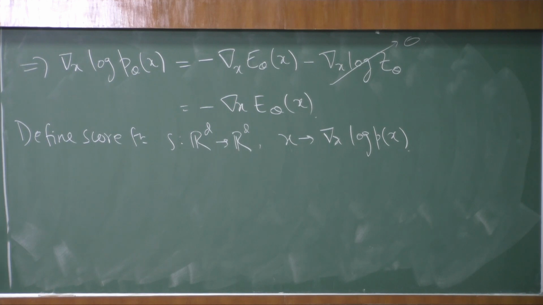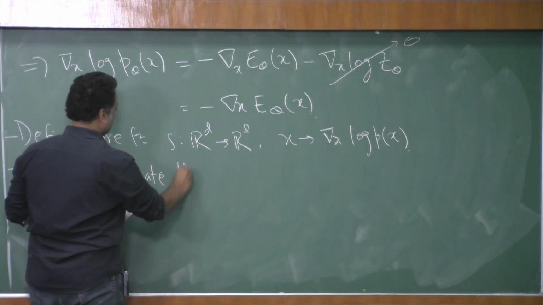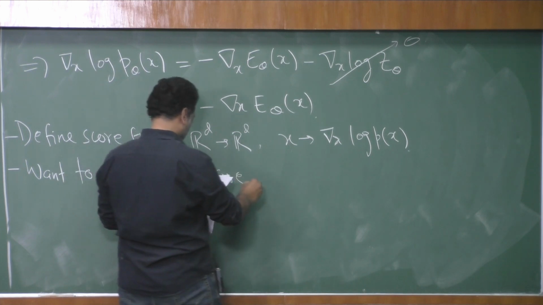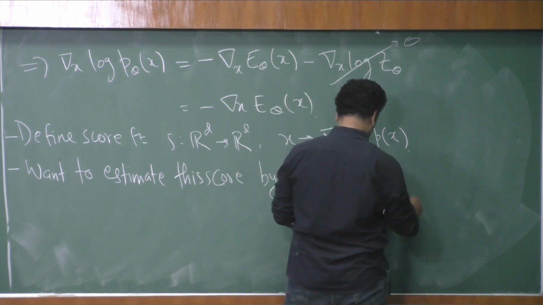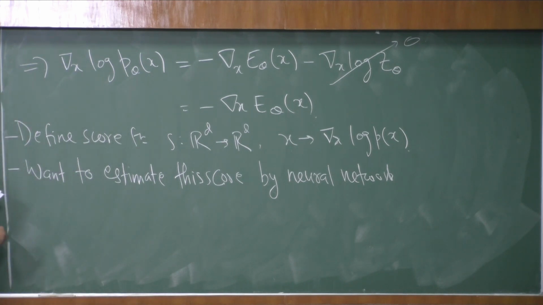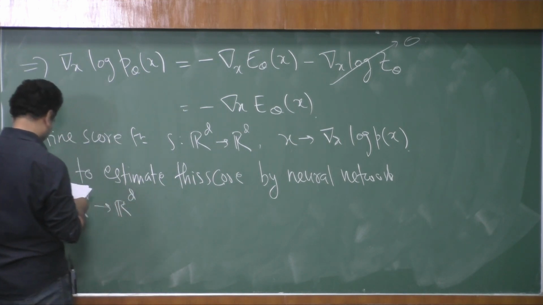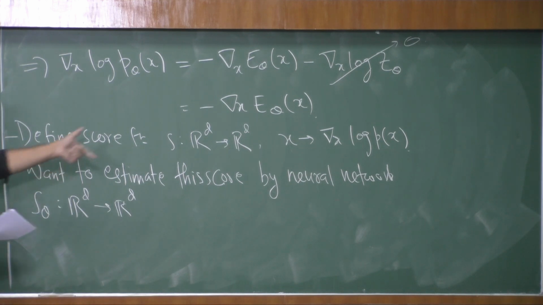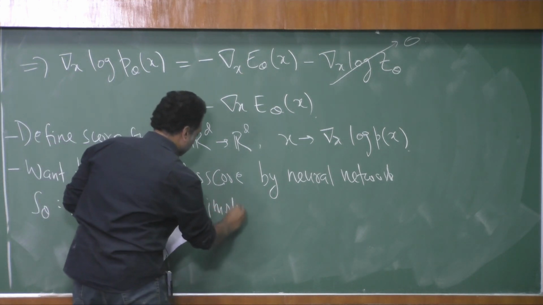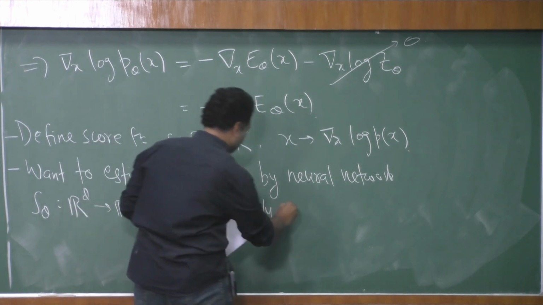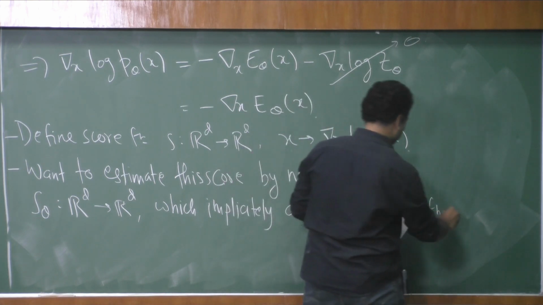We want to estimate this score by a neural network, s theta, which goes from R^d to R^d, and which implicitly defines an energy function, in our case E theta.